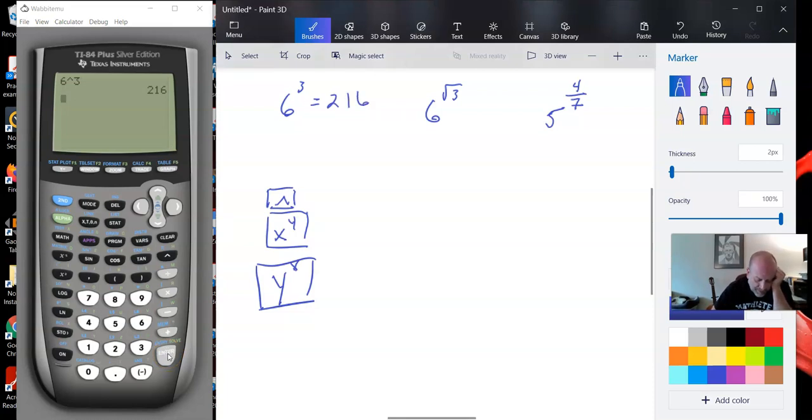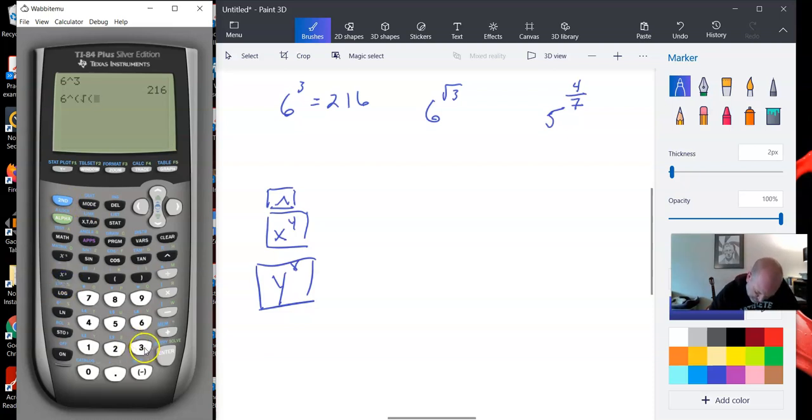Right? No problem. Now, if we want 6 to the square root of 3, that's a little bit different. So we have 6. We still need the caret. It is a very good idea, whenever you have an expression as an exponent, to put parentheses around that expression. So if we want a square root, it's the second function over the square.